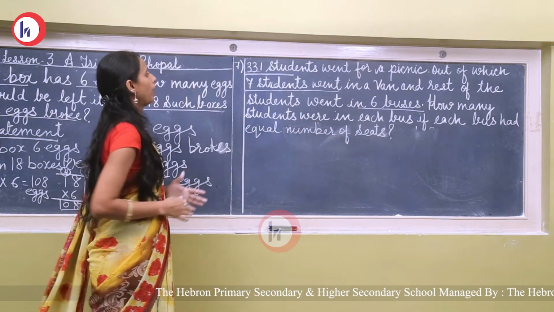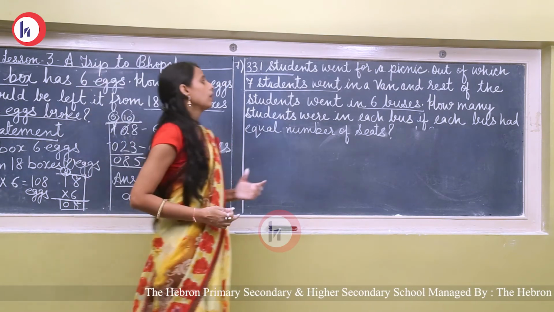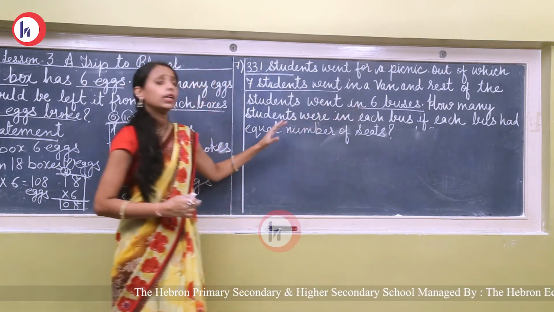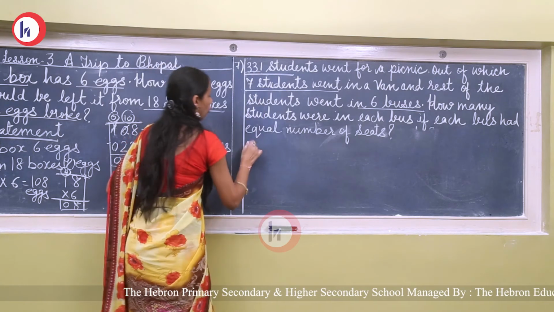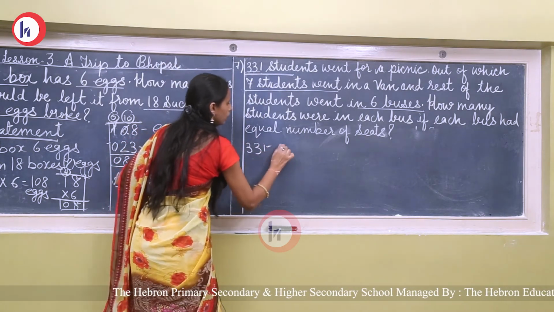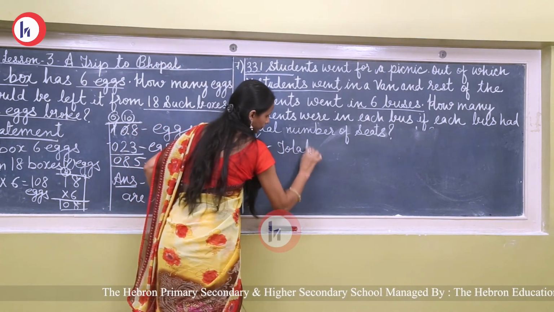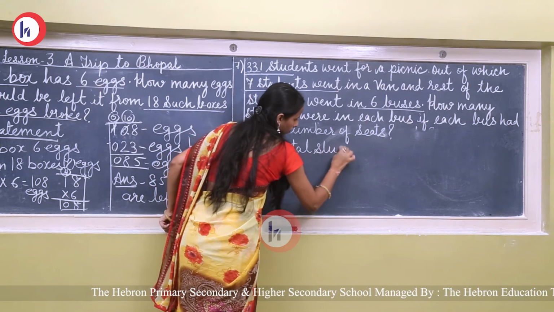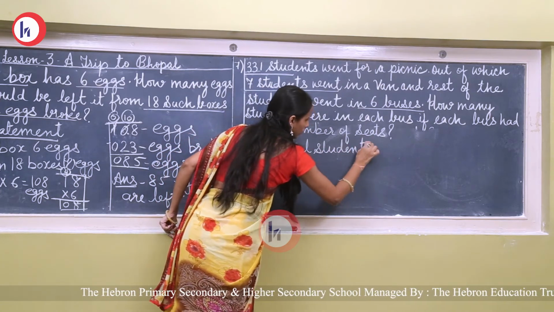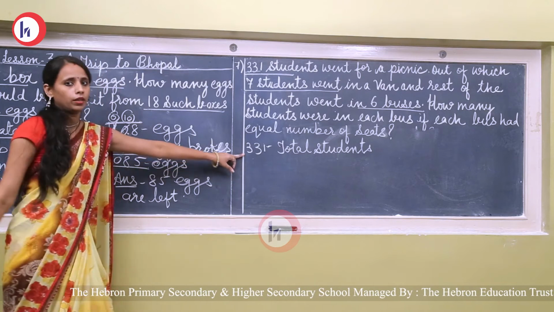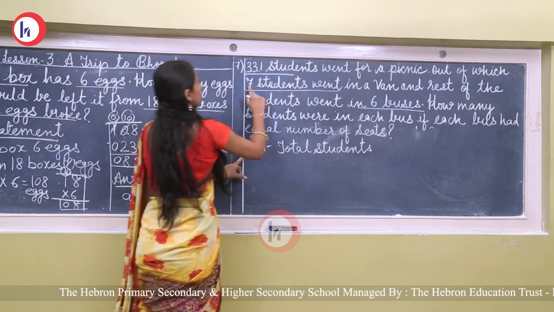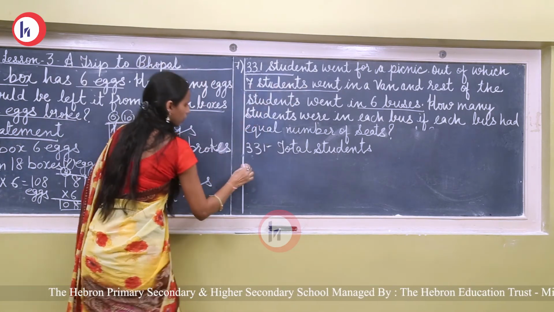First of all, we have to find out how many students are going in the bus. So first of all, how many students? 331 total students. Total students 331. Out of this, 7 students went in a van.